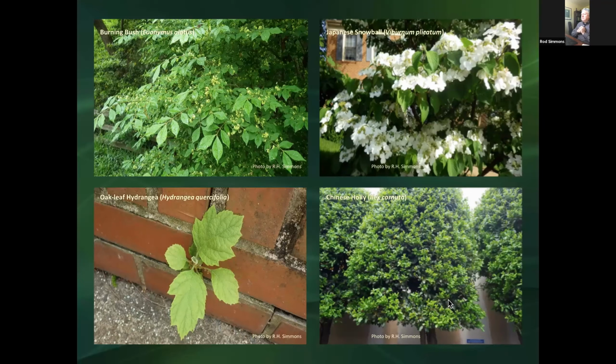That's the top left. Japanese snowball, top right frame. That's just one of many ornamental viburnums that's highly invasive, that finds its way all over the place. A lot of these find their way even into forested wetlands like magnolia bogs or seepage swamps, and they'll grow on the hummocks in there and just completely start taking over the site. That's true for many species.